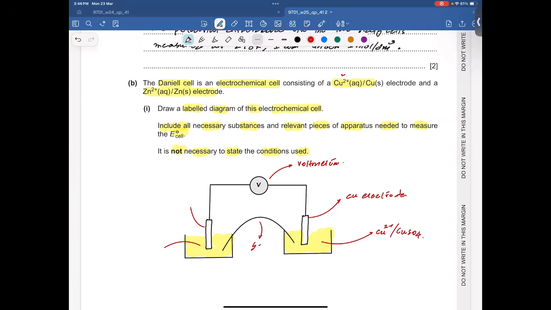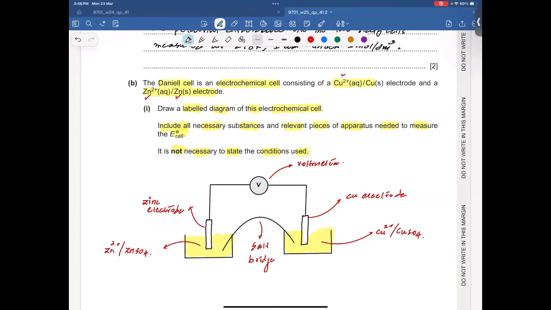That's your salt bridge. That's your zinc electrode. And that's zinc ions, which means the electrolyte has to be zinc ions or zinc sulfate, and obviously the concentration of this electrolyte needs to be 1 mole per dm cube. So that's the diagram of the Daniell cell.